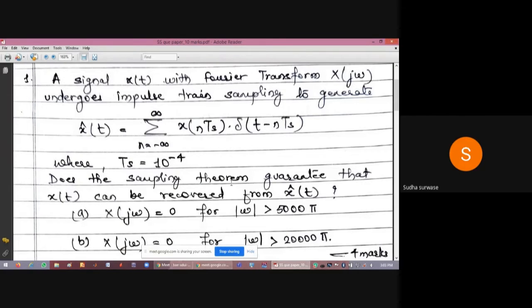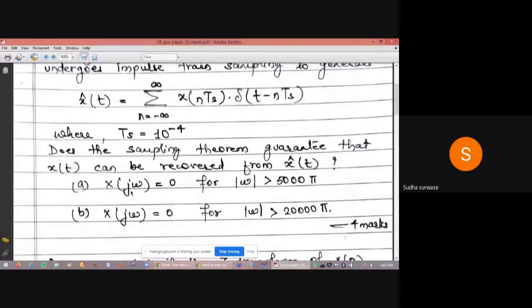Does the sampling theorem guarantee that x of t can be recovered from x cap of t? Two cases are given. First case, x of j omega is equal to 0 for mod of omega greater than 5000 pi, and second case, x of j omega is equal to 0 for mod of omega greater than 20,000 pi.